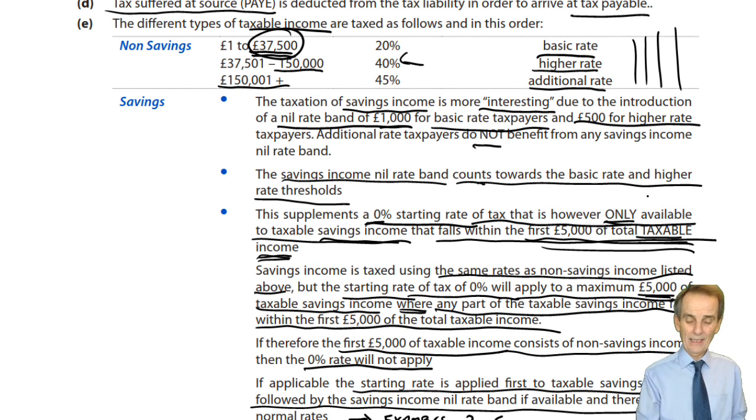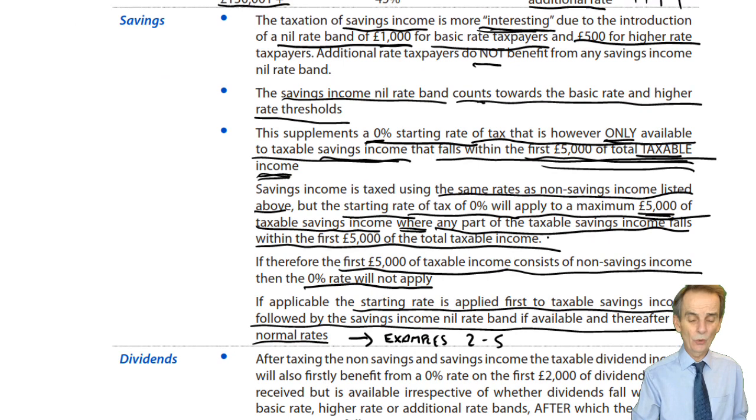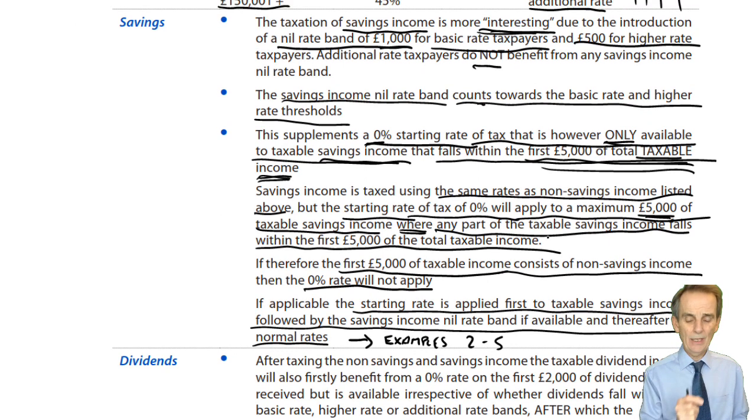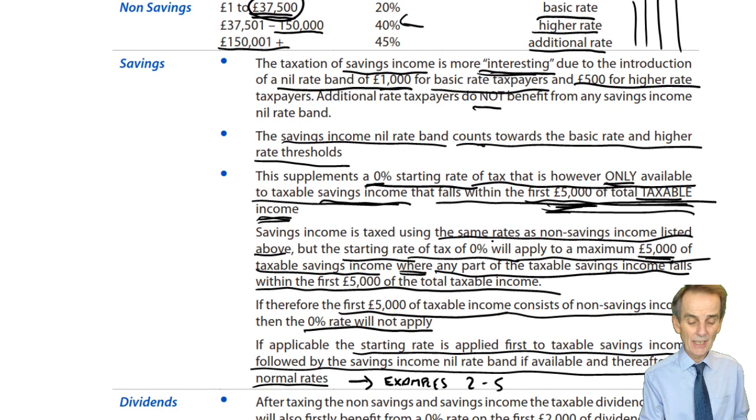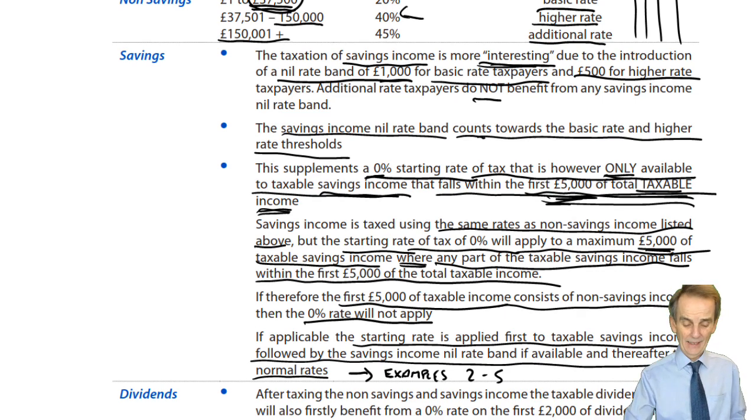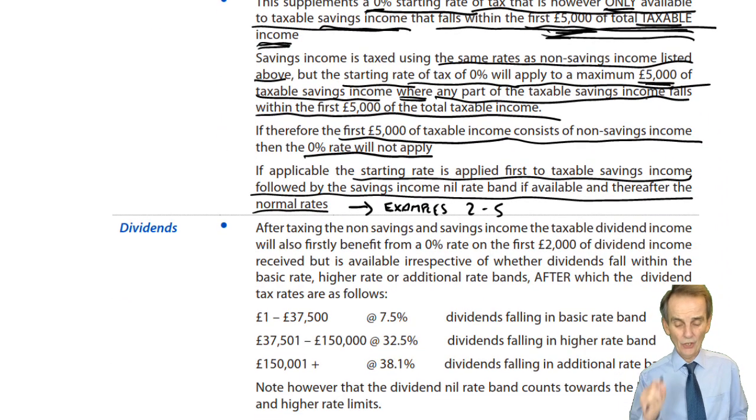But what makes it more interesting is these two 0% nil rates: the starting rate band, as we have just seen, of 0%, the starting rate band here of £5,000, and also the savings income nil rate band. If we have both, the starting rate takes priority, then we use the savings income nil rate band.